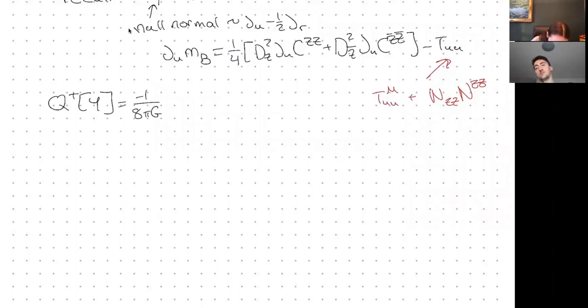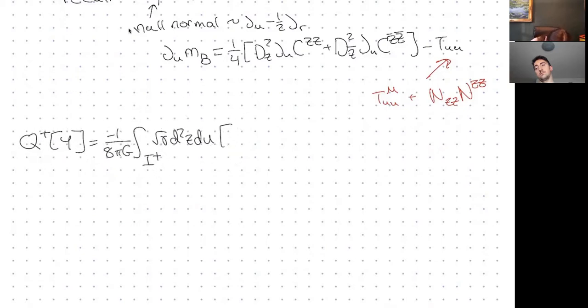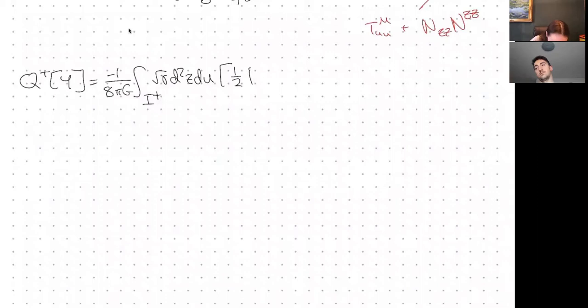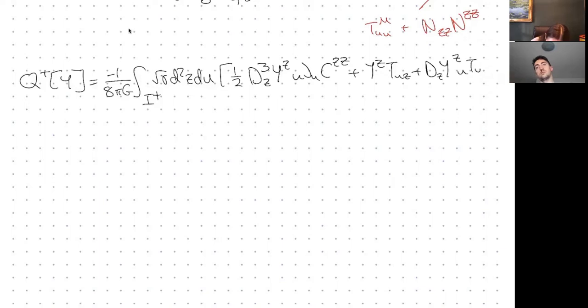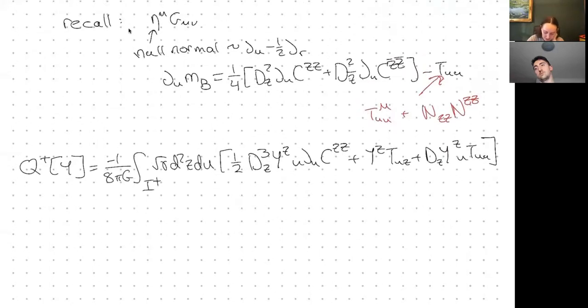Phi G, integral now over all of scri plus, not just scri plus minus, of this guy, times 1/2 D_z cubed y_z u du C_zz plus y_z T_uz, and this is the same type of trick as I was drawing for the matter uu component, D_z y_z u T_uu.